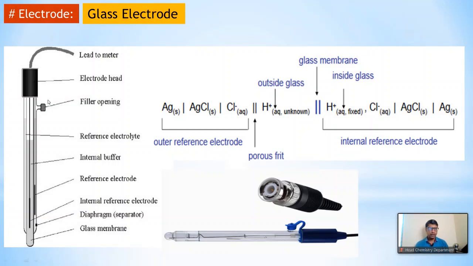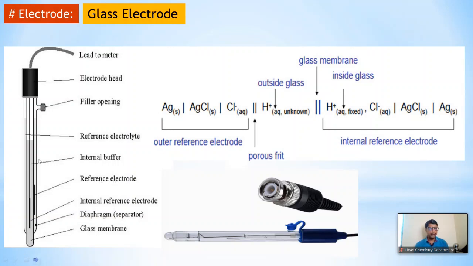If you observe the construction of this combined glass electrode, this is the glass membrane, then this is the diaphragm. So the outer cover is called the diaphragm, and in the inner glass section you find the internal reference electrode, and in the outer glass section you find a reference electrode.